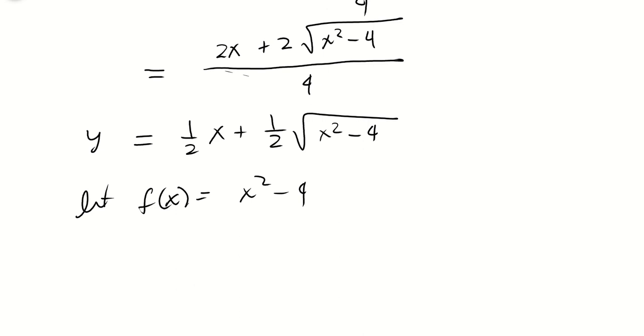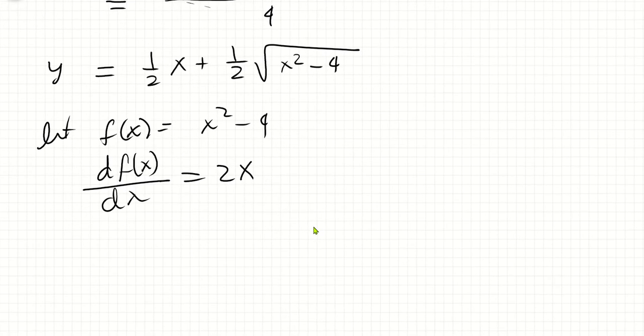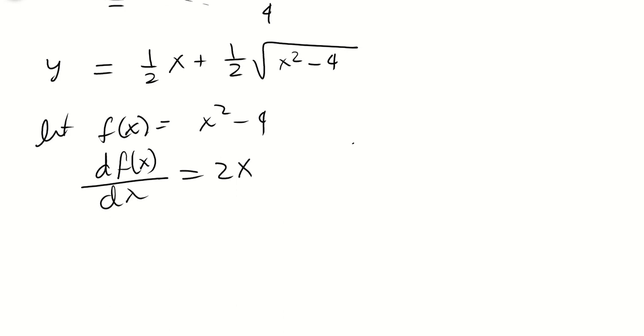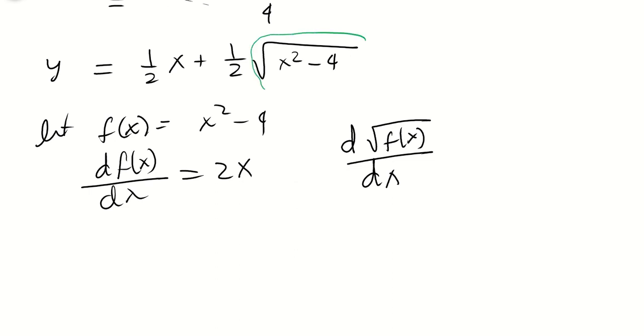So the derivative of f of x with respect to x is just equal to 2x. So we're taking the derivative of the square root of f of x with respect to x, remember x squared minus 4 is our f of x.